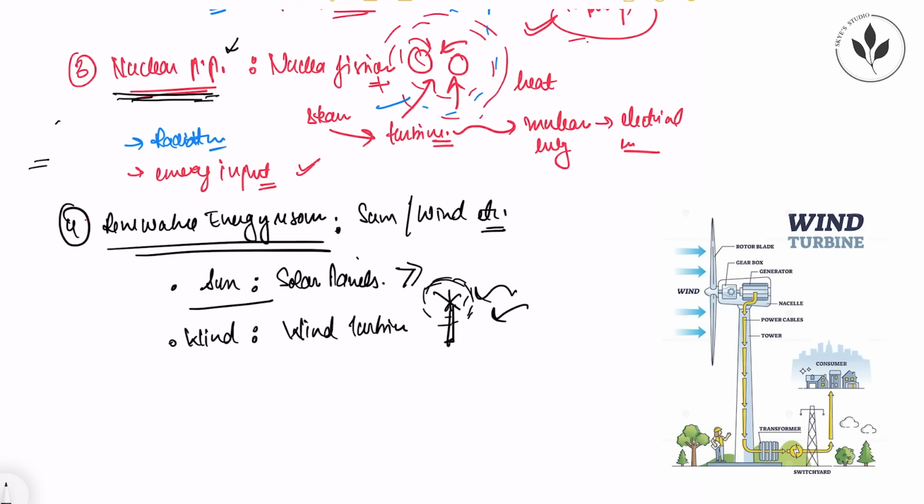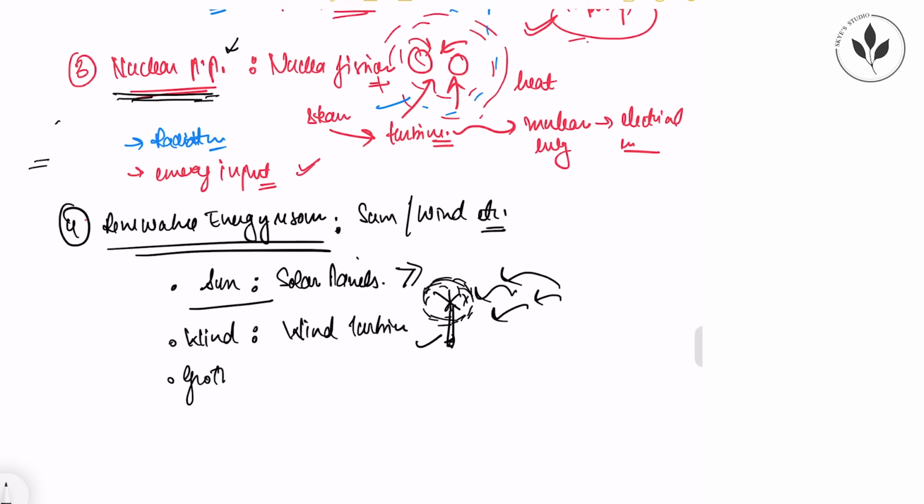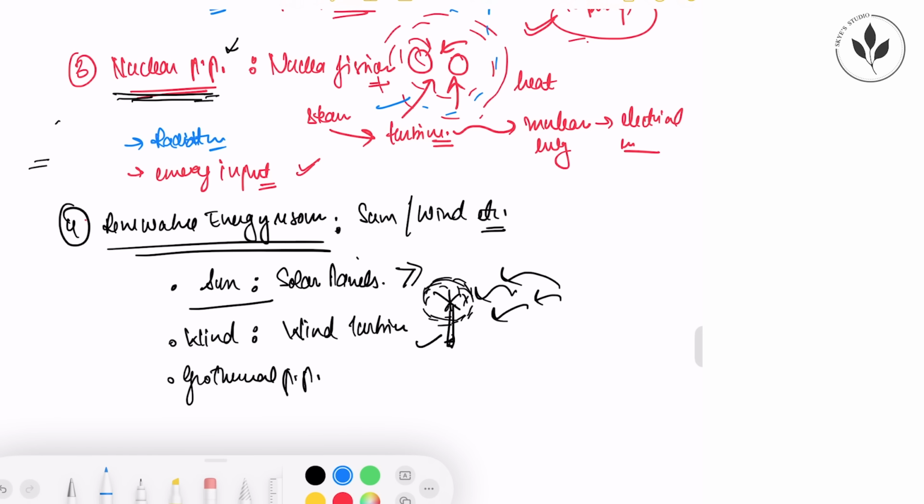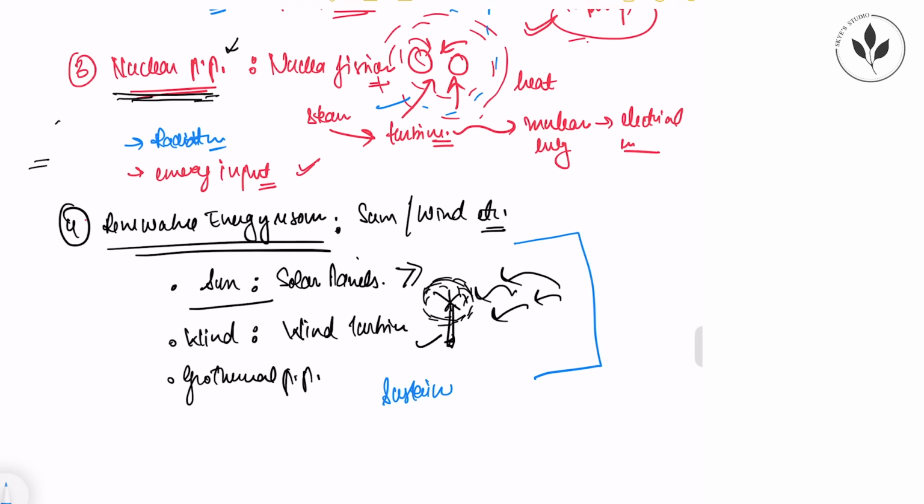Again, this wind turbine, with the help of wind, high velocity winds, this will move, and this moving turbine will create energy. Then we also have geothermal power plants. They can also help in creating electricity. Now, all these types of power plants are using sustainable raw materials so as to produce energy.